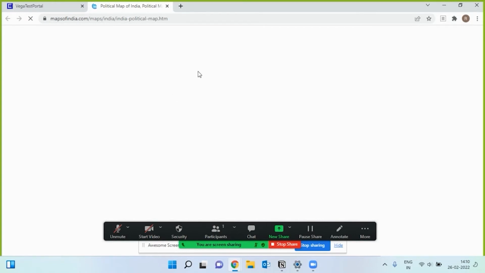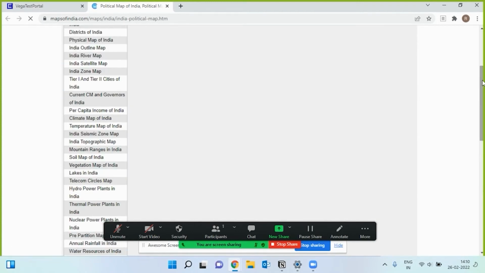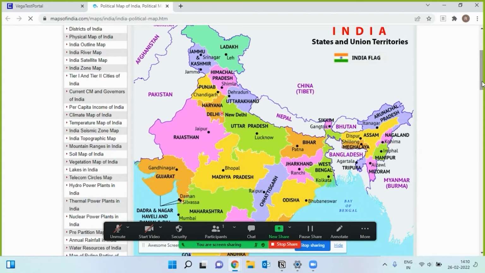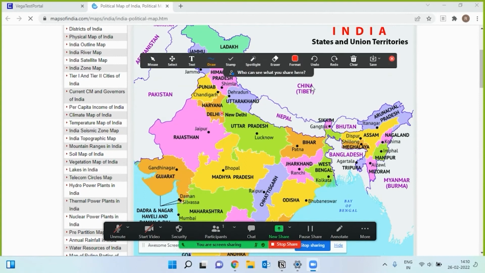this is Bangladesh. And this is Bangladeshi border. As you can see, Manipur is situated very far from Bangladesh.